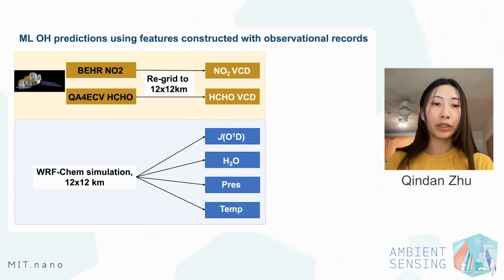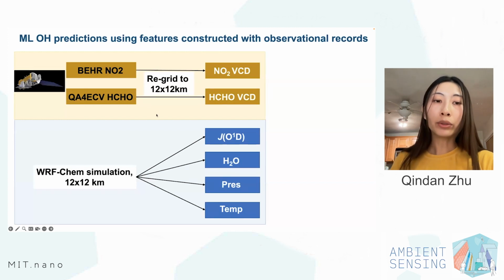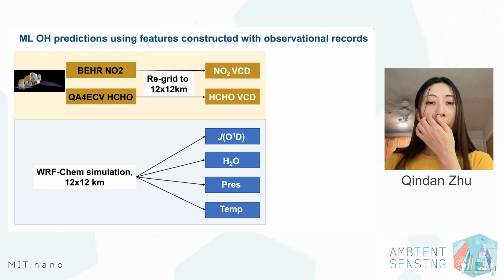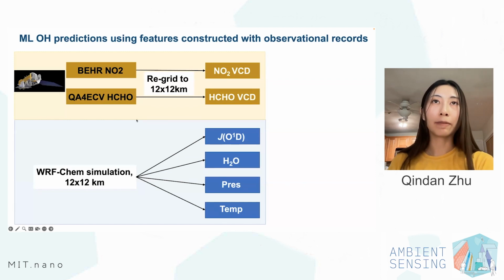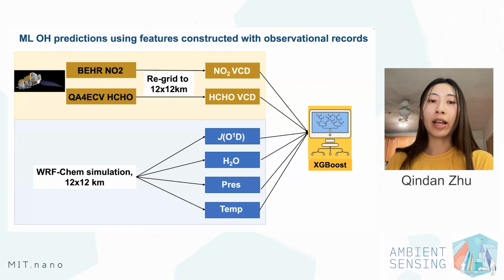Specifically, I will use a retrieval product to get the NO2 column density and the QA4ECV product for formaldehyde column density. Both observations are regridded at 12 km times 12 km to match the native resolution of the model simulations. Once these input features are constructed, I can feed them into this machine learning model to yield the OH predictions that are based on the observation constraints.